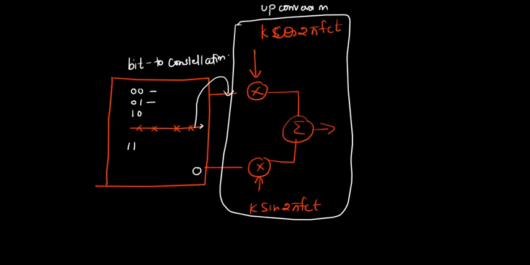So, 0 0 will be sent through cos 2 pi f c t, minus cos 2 pi f c t, plus cos 2 pi f c t. 0 1 can be sent by 3 cos 2 pi f c t. 1 0 will be sent through... Okay, let us do this example. It's a good example. 0 0 we are transmitting through cos 2 pi f c t. This is the last example and then we will end.